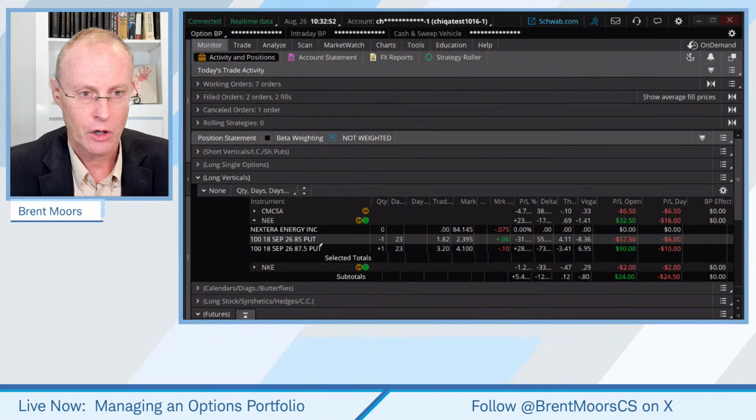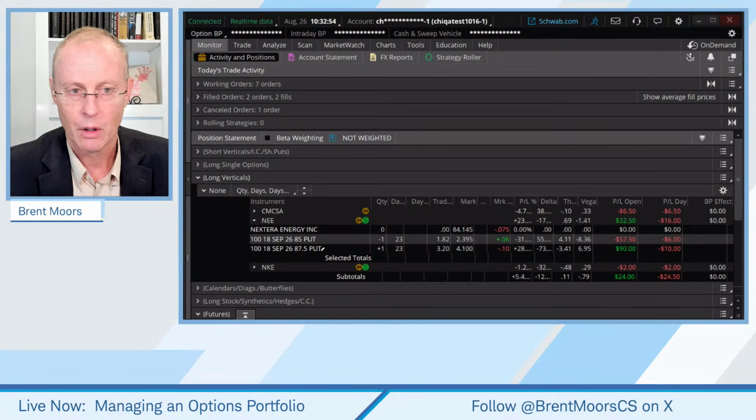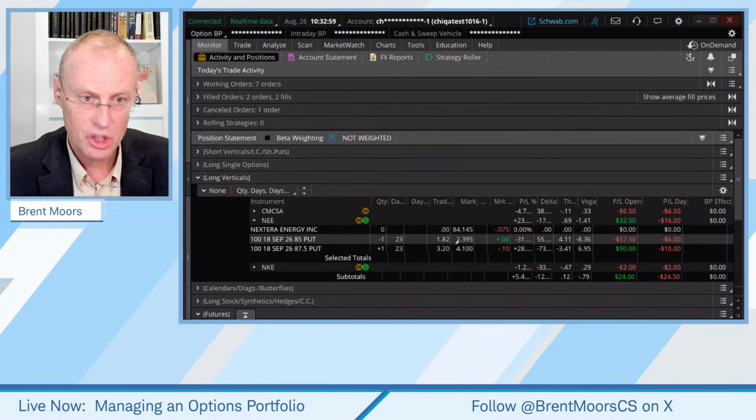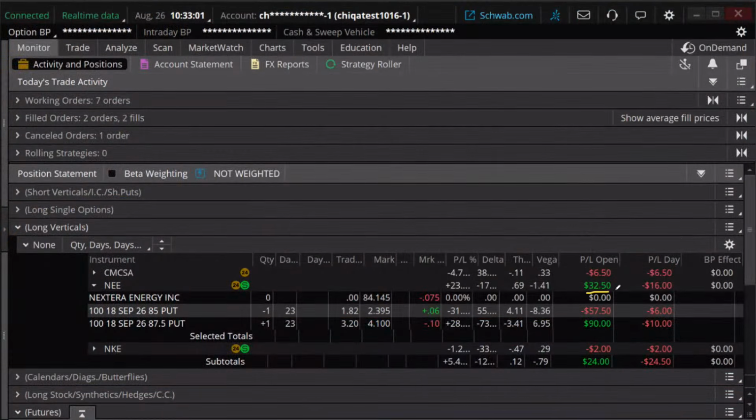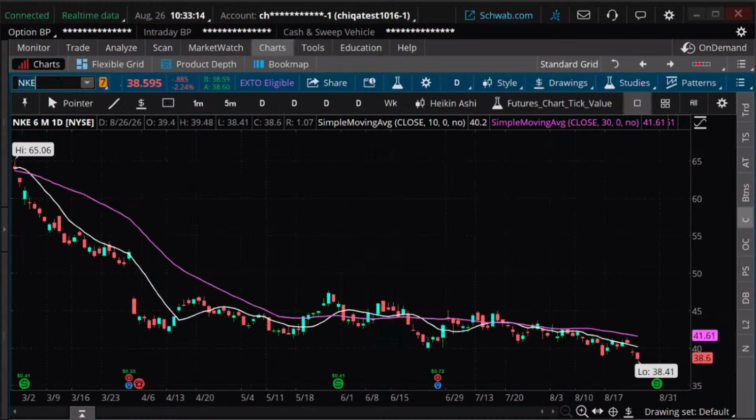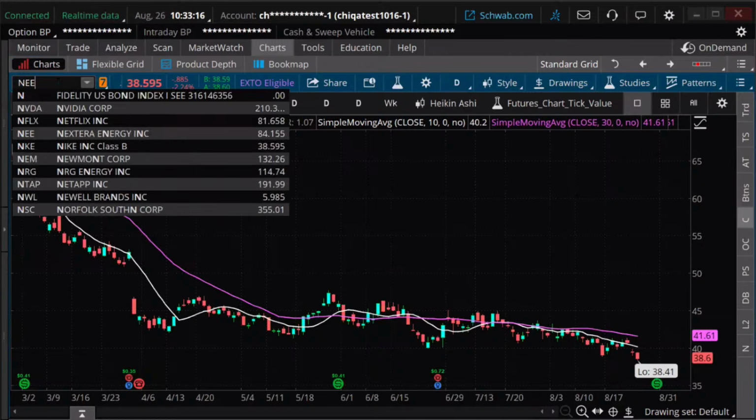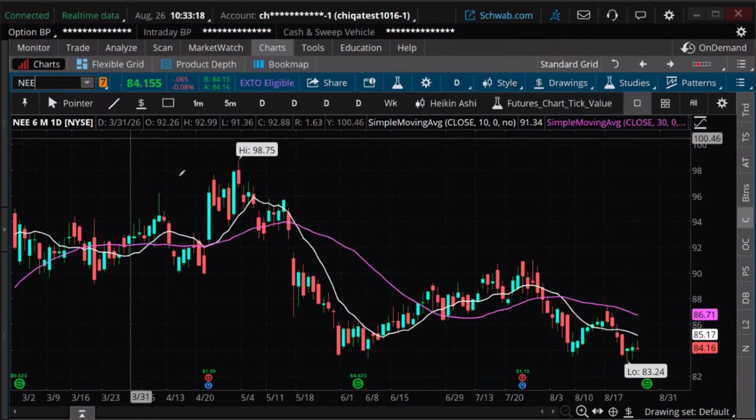Okay? We have a long put vertical on NextEra Energy. Right now, it's doing okay. We're up a little bit on this. So it's probably not looking bullish, I'm guessing. We can look at the chart just to double check because, sorry, this is the long put vertical.